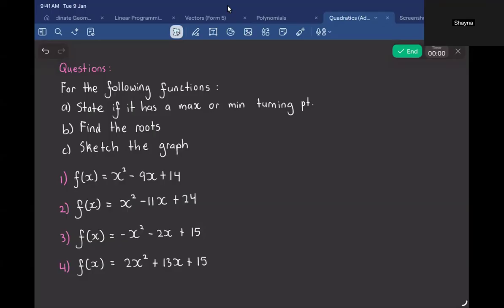X is equal to 7 and 2, right? Can you see if any of them are negative? I want you to look at your graph and do a double take.